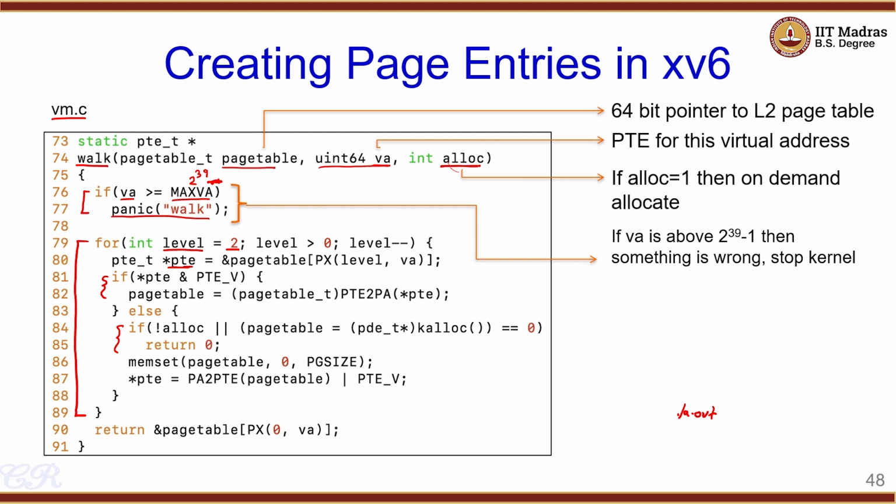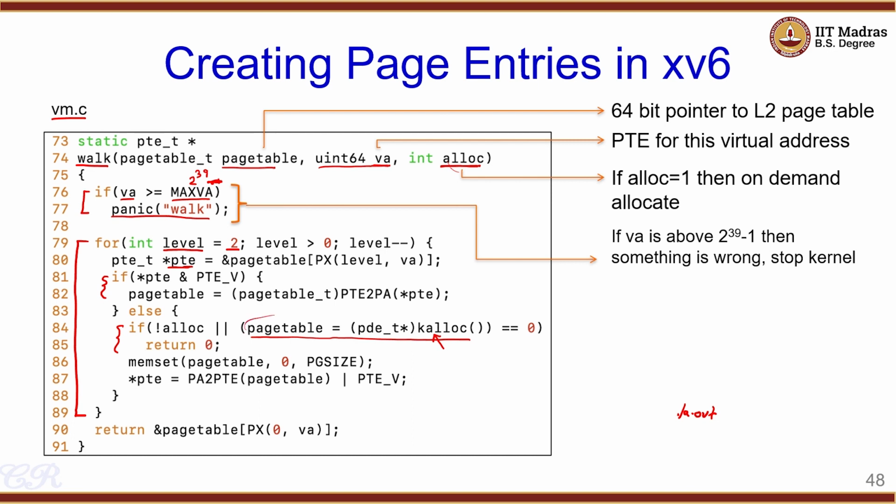But if the alloc is set to 1, then you are actually creating a new page frame, which is either used for your program, for your OS or to create a particular program, or it is used as a page table, right. So here this particular function called kalloc is used to create a page frame and return an address called the page table, right.